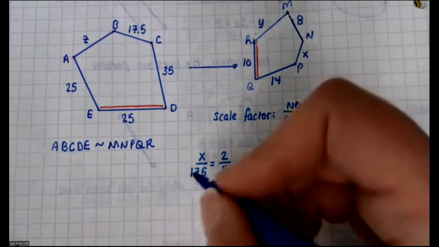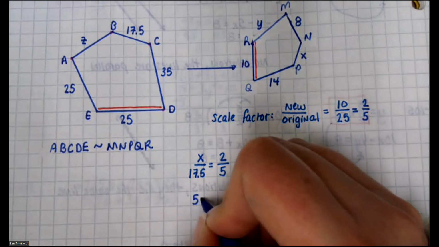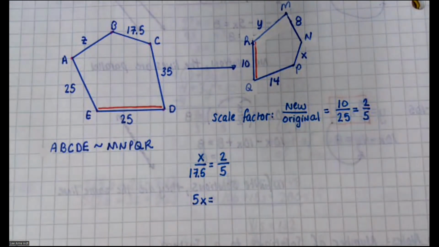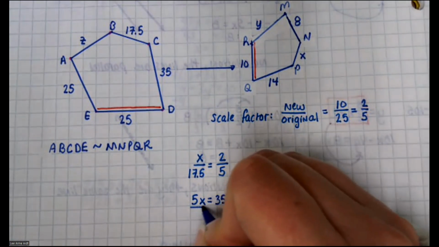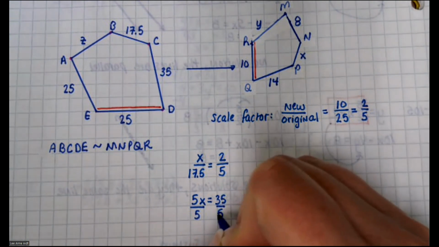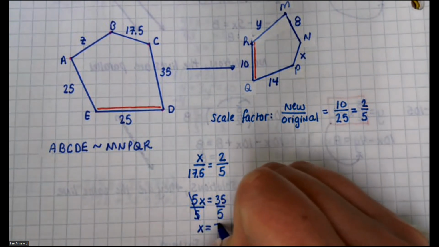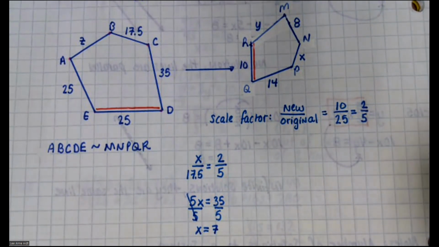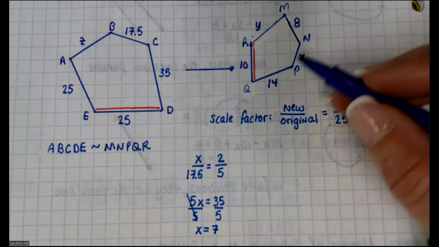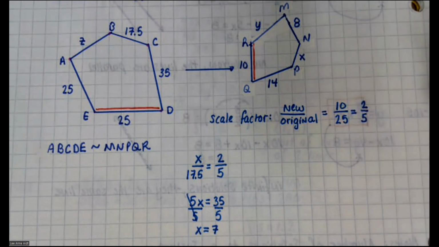Okay, now cross multiply. 5x equals... okay, so that means this side is 7.